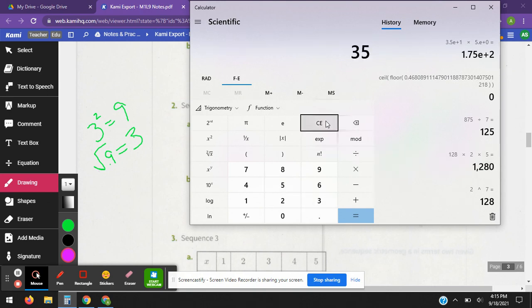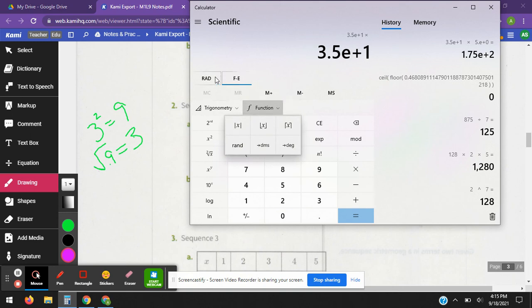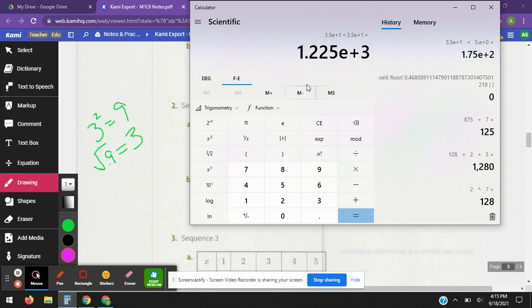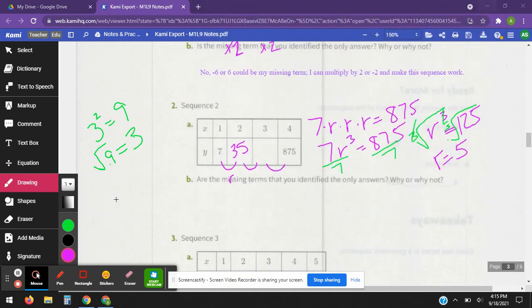Okay. I think I just messed up my calculator. Okay. I don't know what's going on. It's 35 times 5. Let's just close this out and start over.